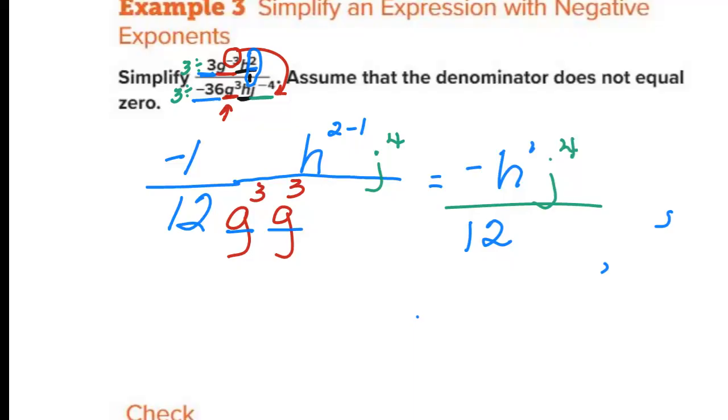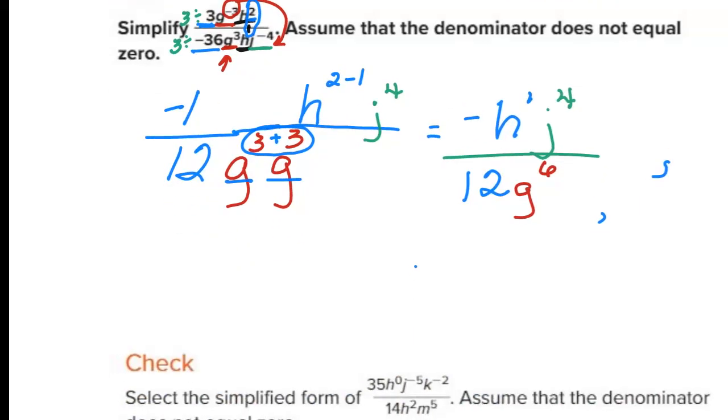There is no operator there, but I know I'm multiplying. What do I do with those exponents? Add them. Keep the base, and that's going to be g to the sixth. So a clean cut answer would be negative h j to the fourth divided by 12 g to the sixth.